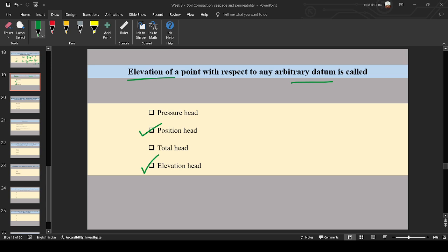What is it called? It is called field. The portion between two adjacent equipotential lines and two adjacent flow lines is called a field. Okay, next question.